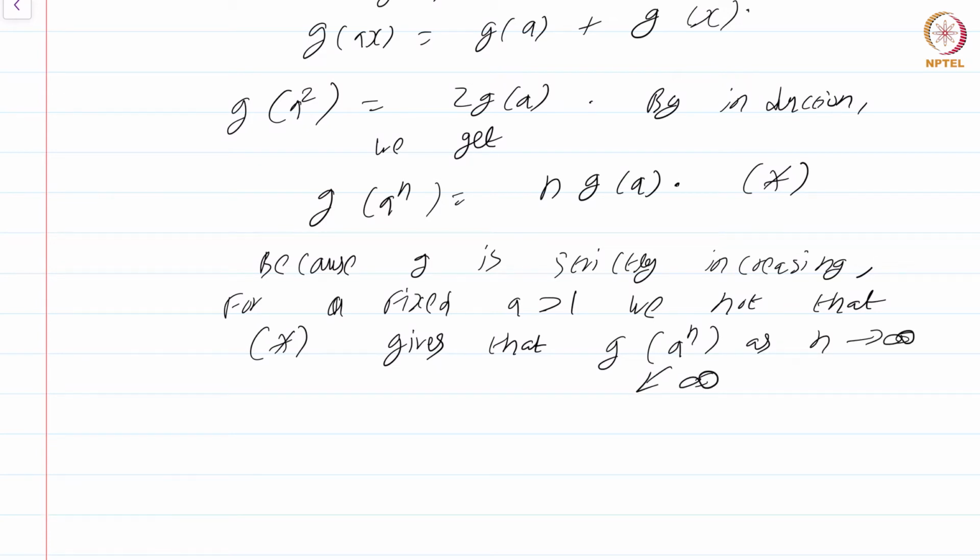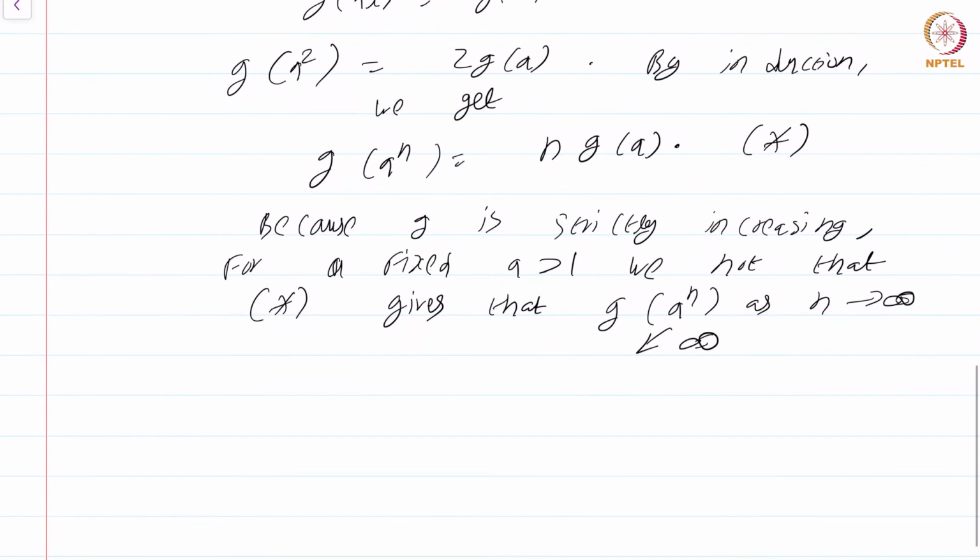As you keep boosting a, if a is greater than 1, of course g of a is not going to be 0, because we know that g is strictly increasing and the fact that g of 1 is 0. So g of a power n is n times g of a. So as n goes to infinity, g of a power n converges to infinity. But g is strictly increasing. That just means that as x goes to infinity, g of x converges to infinity. Okay. So this function g is strictly increasing and it goes to infinity as x goes to infinity, and at the point 1 it's going to be 0.